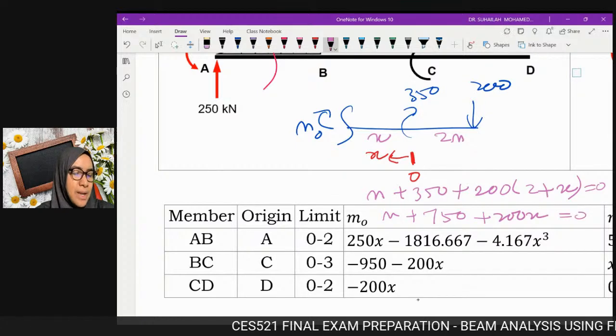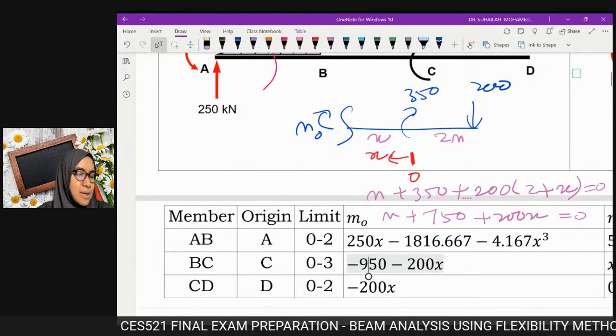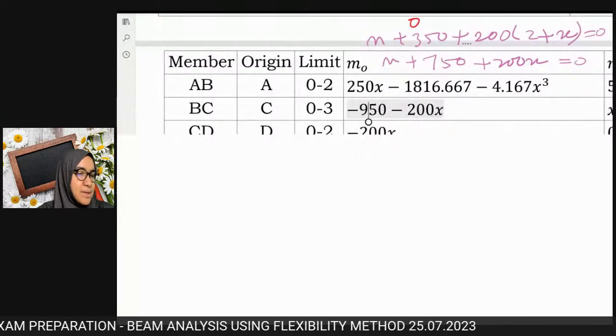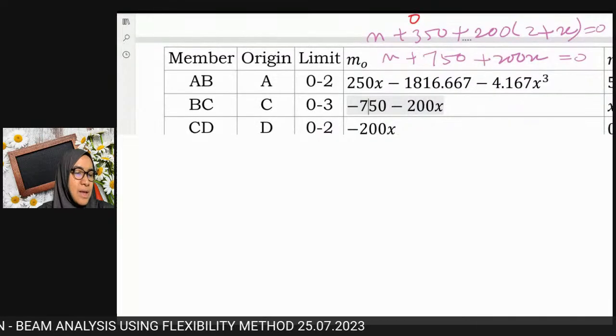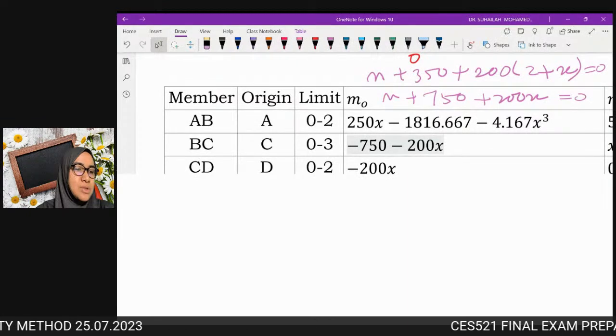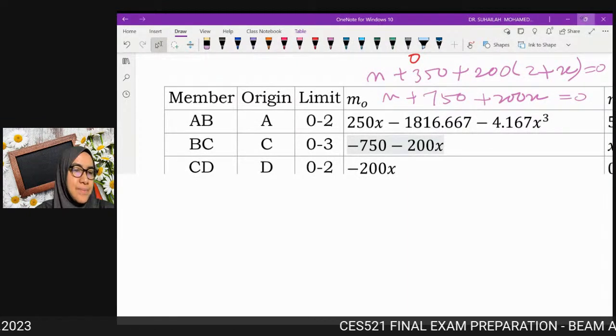So we get 750, not 950. It is 750 minus 200x.